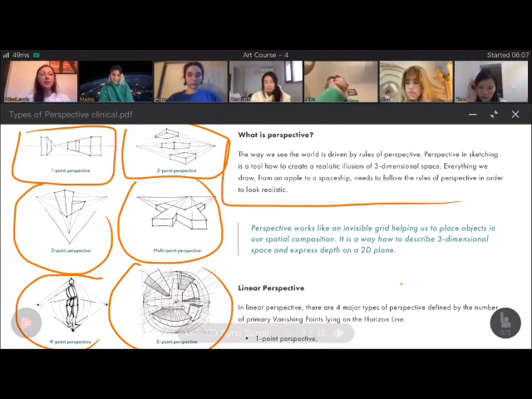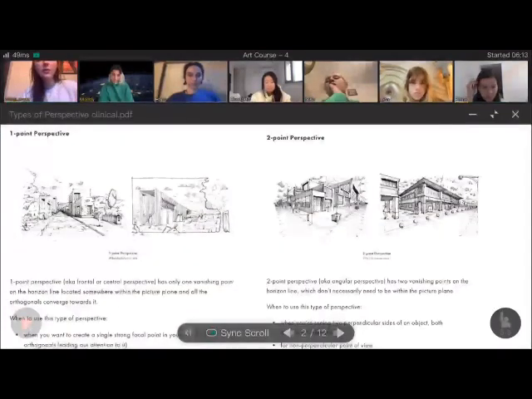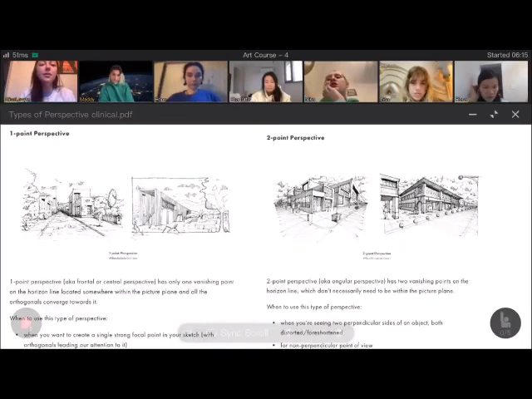All these numbers that I told you are linear perspective. One point perspective is a frontal view. It has only one vanishing point. I'm going to tell you what a vanishing point is. The vanishing point is this, at the end of the street. I will tell you more about it later. It lies on the horizon line, located somewhere within the picture.